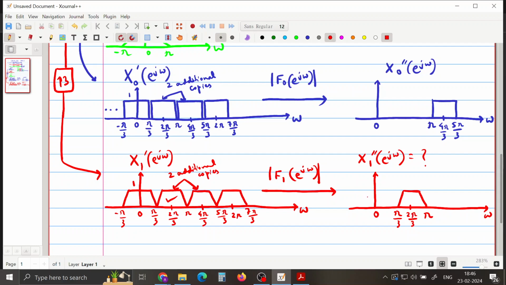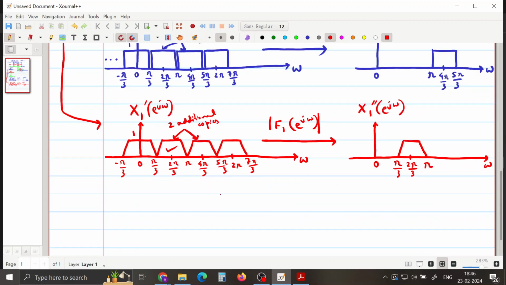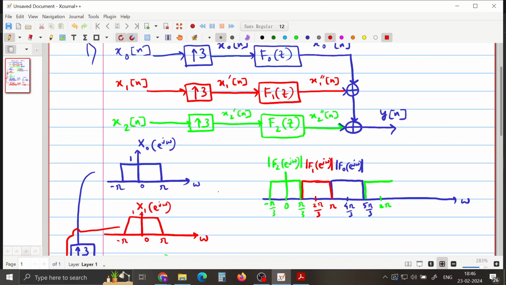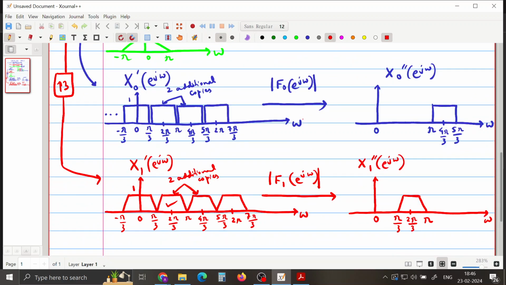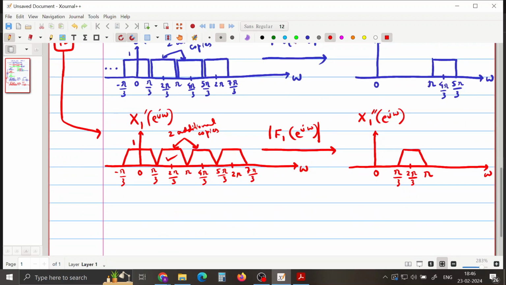Okay, and same thing we'll do for the third branch, lowest branch. For the lowest branch we use the green color. First we will find x2 prime, then we will find x2 double prime. So we'll change the color to green.